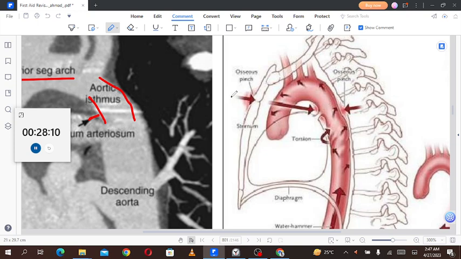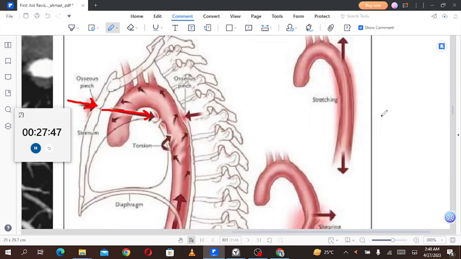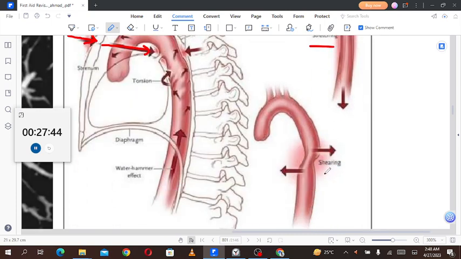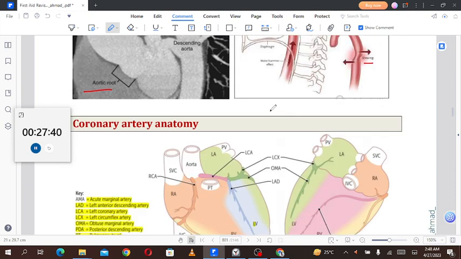If the blunt force, a punch, is over here, it exerts the force all the way to the aorta, and this isthmus portion will get compressed between the vertebral column on the back and the ligamentum arteriosum on the anterior surface. That is the site of rupture in most of the cases. So there will be stretching or maybe shearing. In both situations, that is the most vulnerable area.